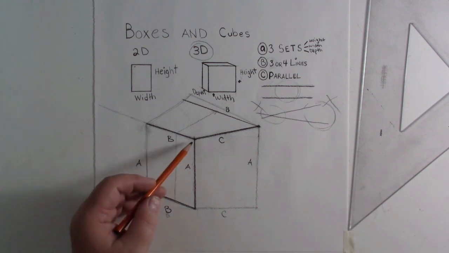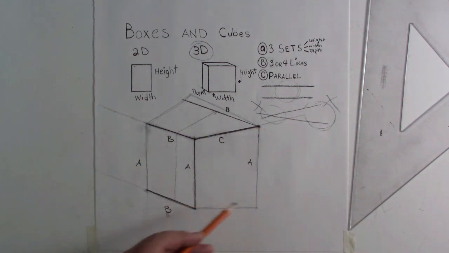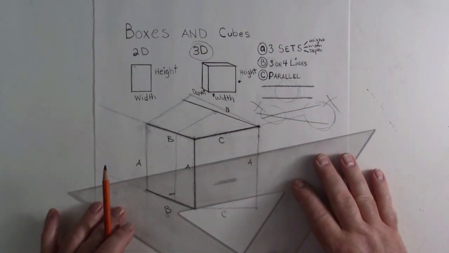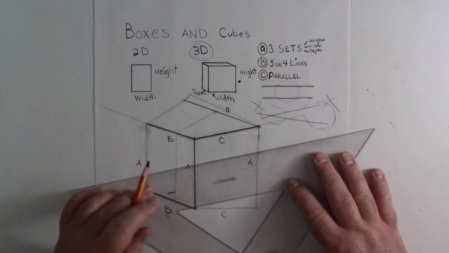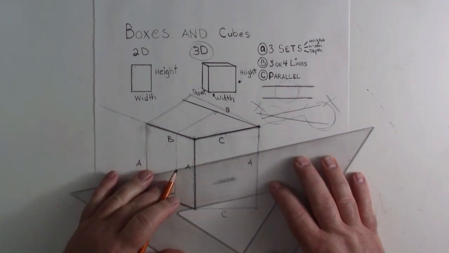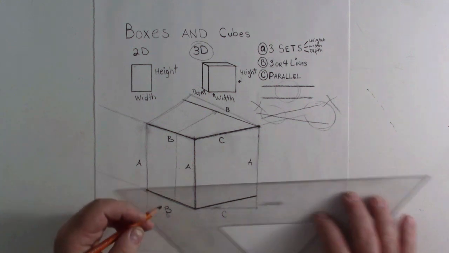So again, if I need to, we could take this out a little ways, take this out a little ways. But I think we can pretty much get this lined up so it's pretty close to parallel. So we'll go ahead and take this. There we go.